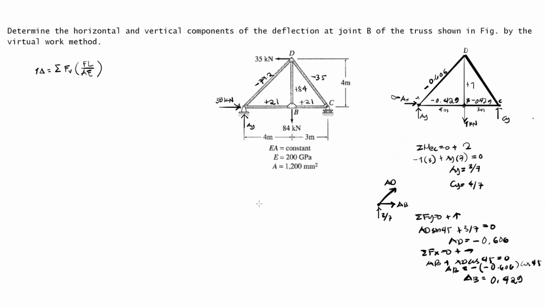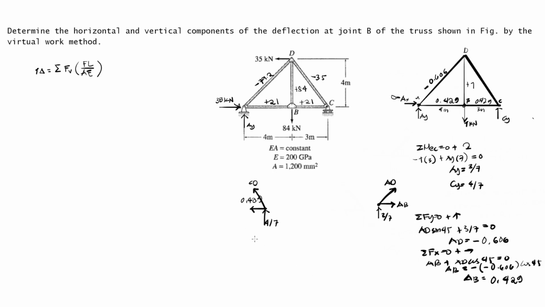At joint C. Bakit negative nilagay ko dito? So, pakibura na lang yung negative dito. Positive dapat yan. Tension na. Okay? So, dito, ito yung CD.